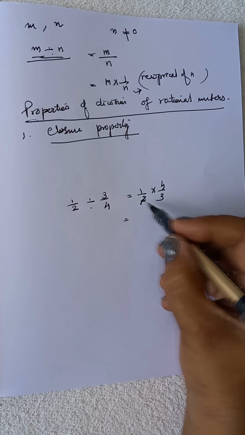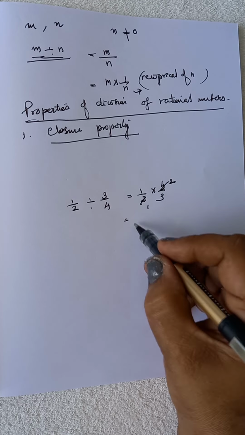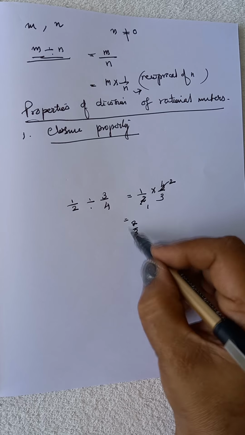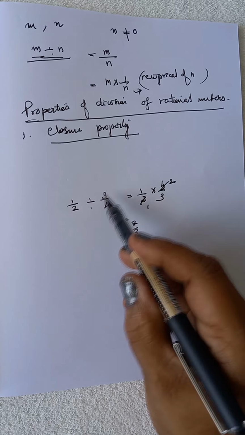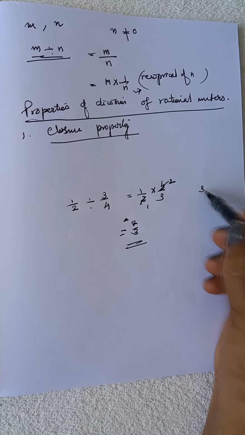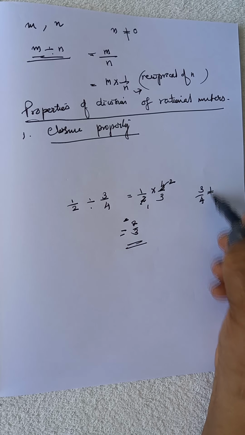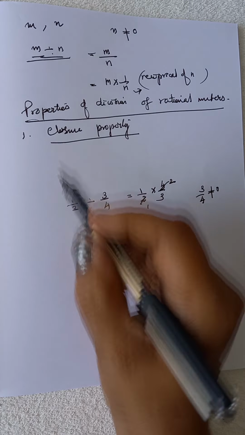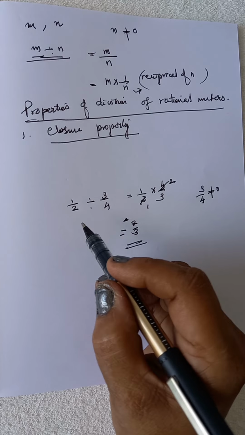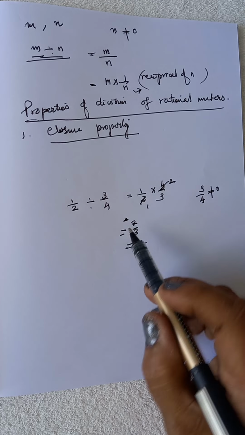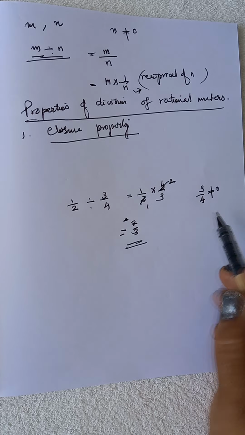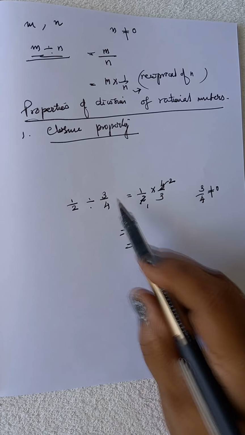Now that is equal to 2 by 3, which we know is a rational number. So here 3 by 4 should not be equal to 0.